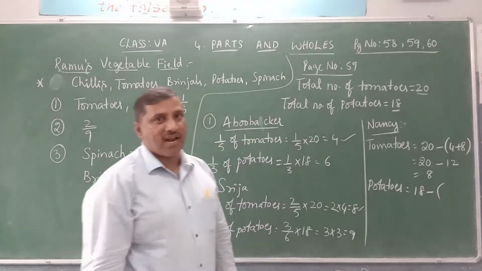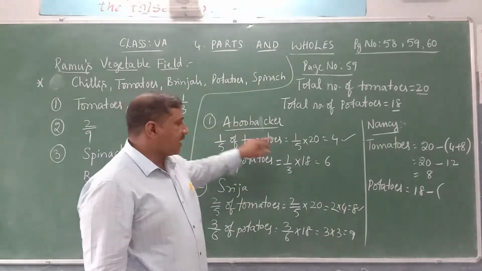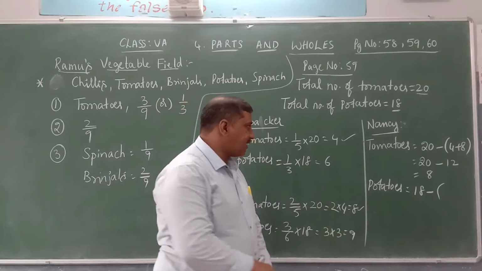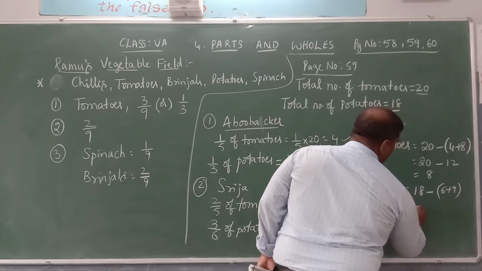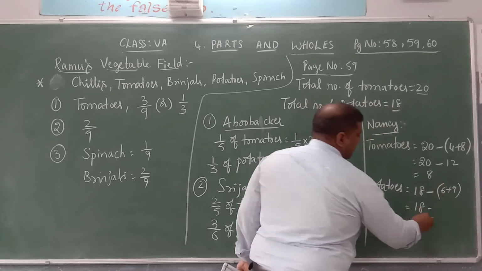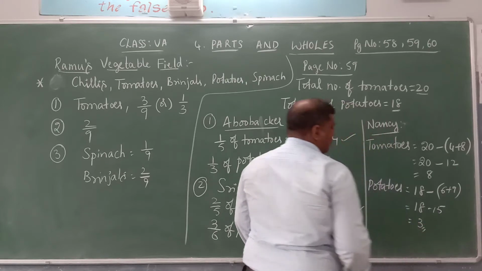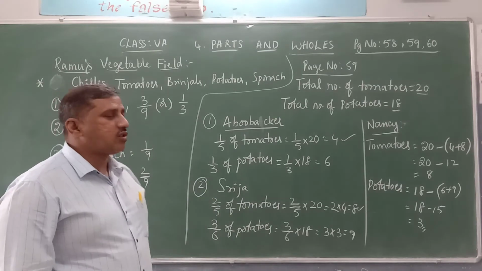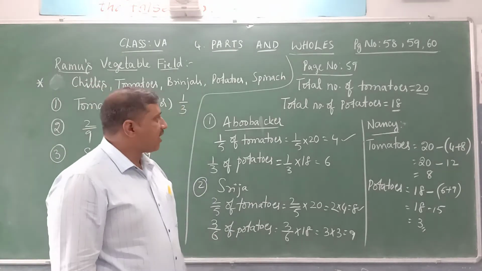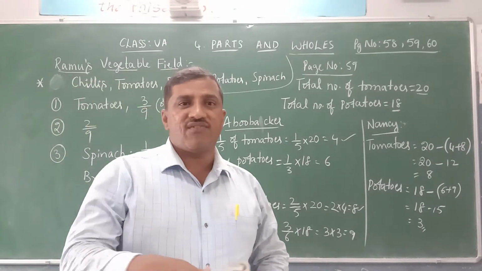We have to subtract the potatoes which are given to the two friends, that is 6 and 9. 6 plus 9 is 15. 18 minus 15 is 3. So 3 potatoes and 8 tomatoes were given to Nancy. Like this he gave different vegetables to his friends in different shares.